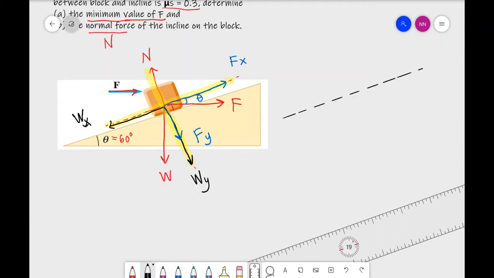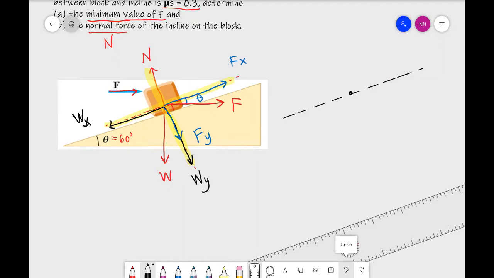This is the inclined plane. Or maybe we don't have to draw this one, just draw the object, represented by a dot.